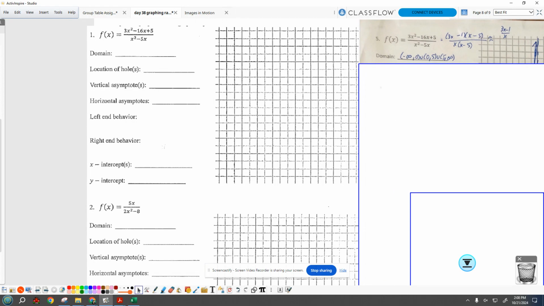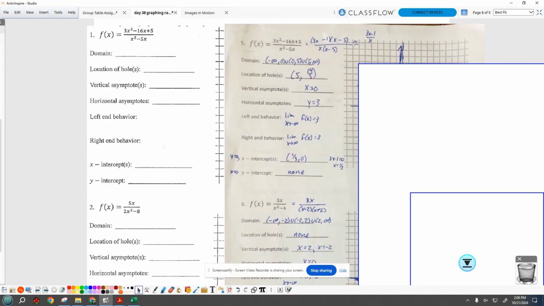All right, so Raoul said, once it's factored, look to see if there's anything that matches. So Stuart, does this equation have a hole? Yes. Where does it have a hole? At x equals 5? Yes.